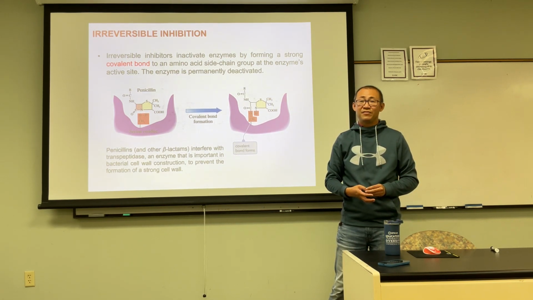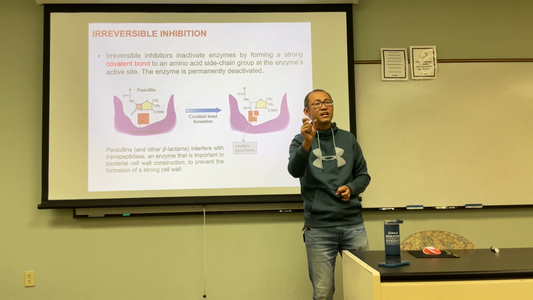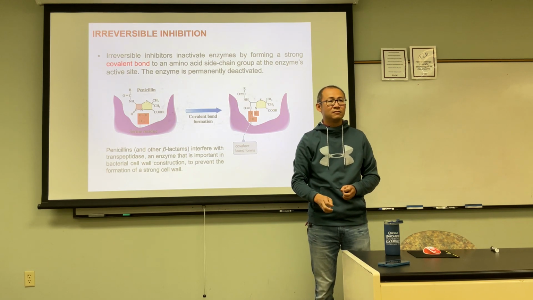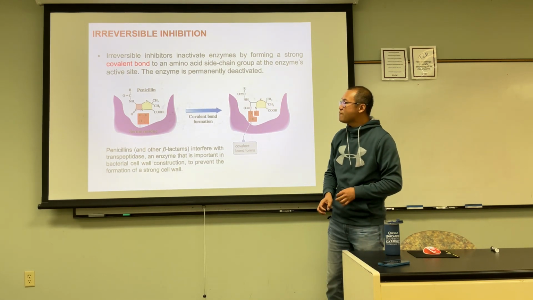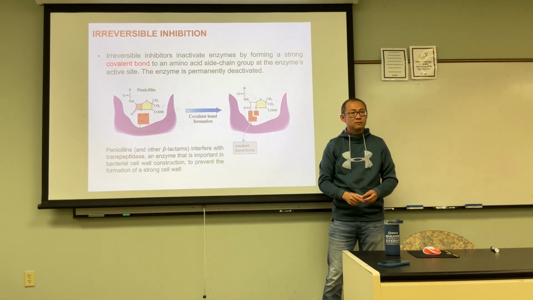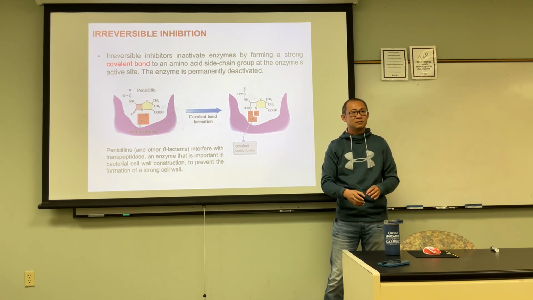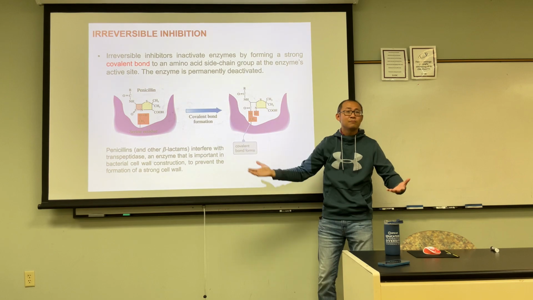Okay, remember we said the reaction has to be something to do with what? The side chain of the amino acid at the active site. Irreversible inhibitor makes a covalent bond, like the one we see in this class. Then what? Then the enzyme lost its function.